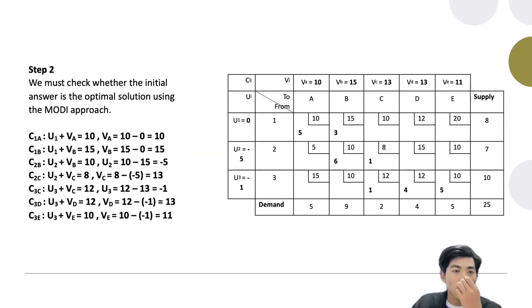Next, step 2, we must check whether the initial answer is the optimal solution using the MODI approach. So this is the MODI approach that we use, as you can see here.